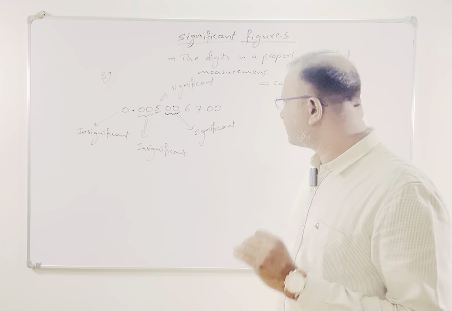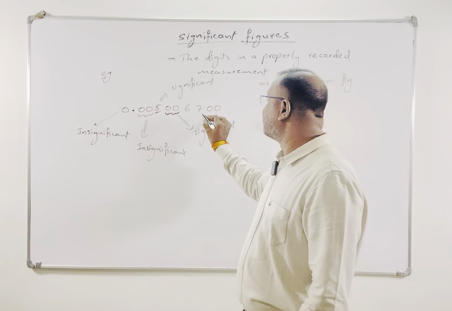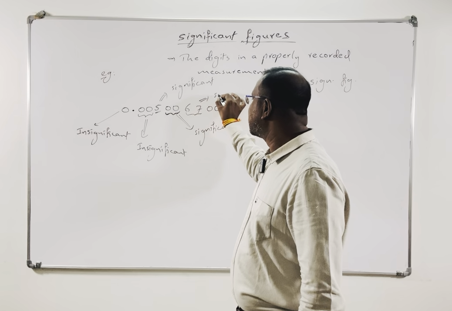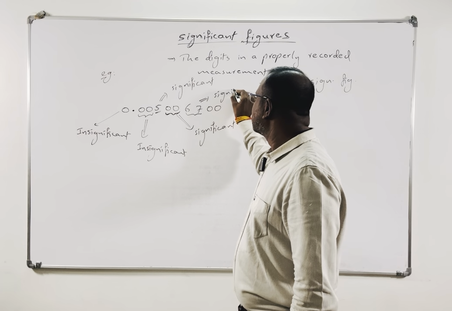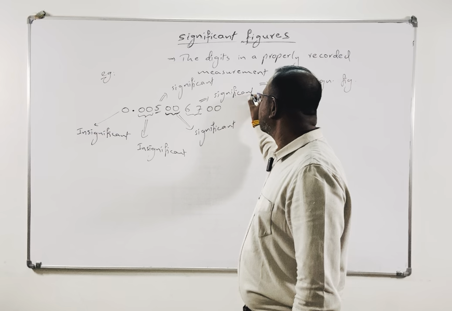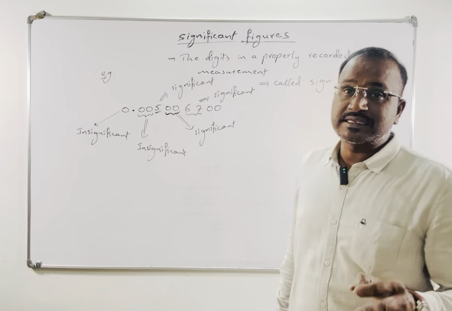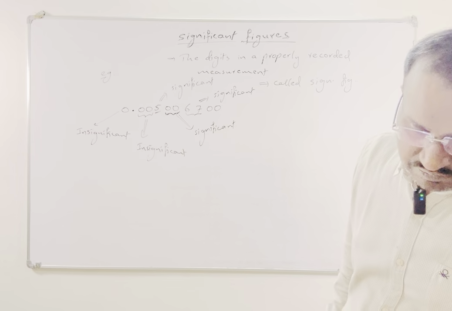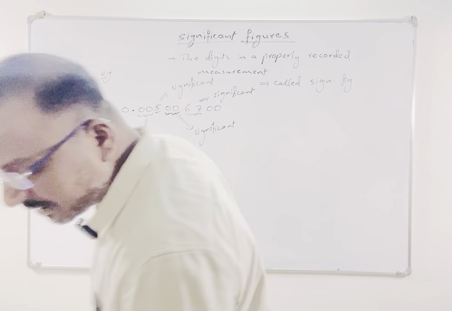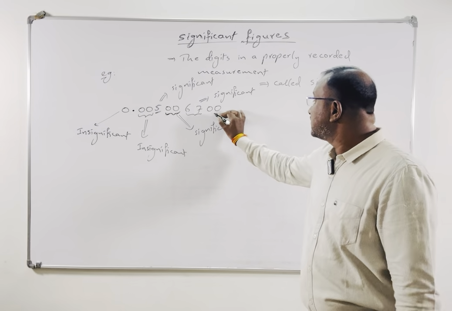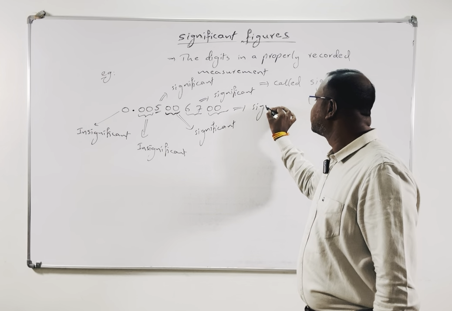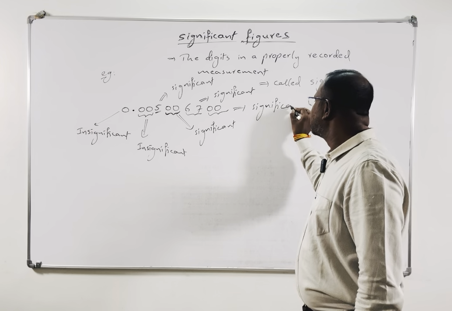So this example is enough, that's what I'm saying. And these are also non-zeros, so significant. The digits 6 and 7 are significant because they are non-zeros. And after that, these zeros are also significant. Why?